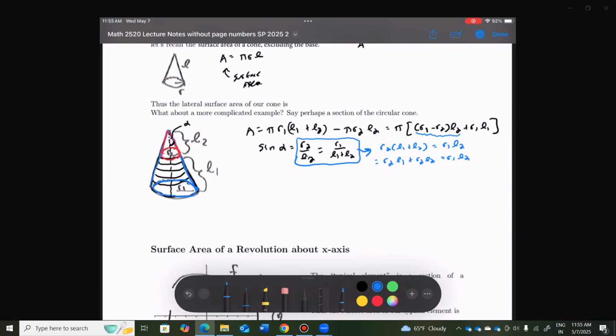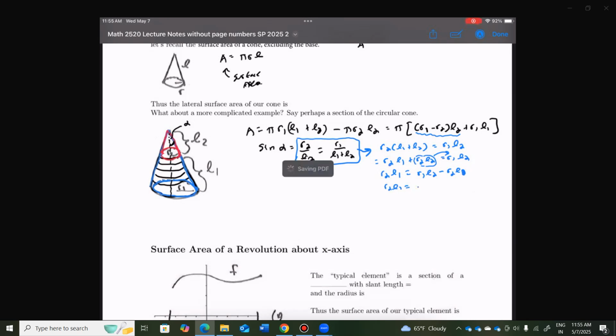So subtract that over. So I have r2 L1 equals r1 L2 minus r2 L2. I just moved this one over to this side, or subtracted it over. And then I can pull out L2. So I have (r1 minus r2) L2, which is what I have up here.